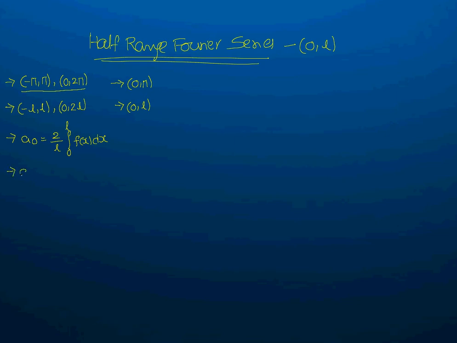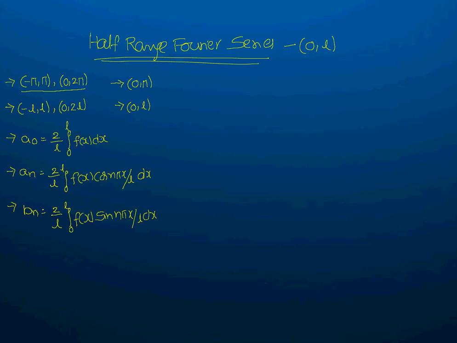Similarly, the An formula. An is equal to 2 by L integral 0 to L f of x into cos n pi x by L dx. Similarly, Bn is equal to 2 by L integral 0 to L f of x into sin n pi x by L dx.